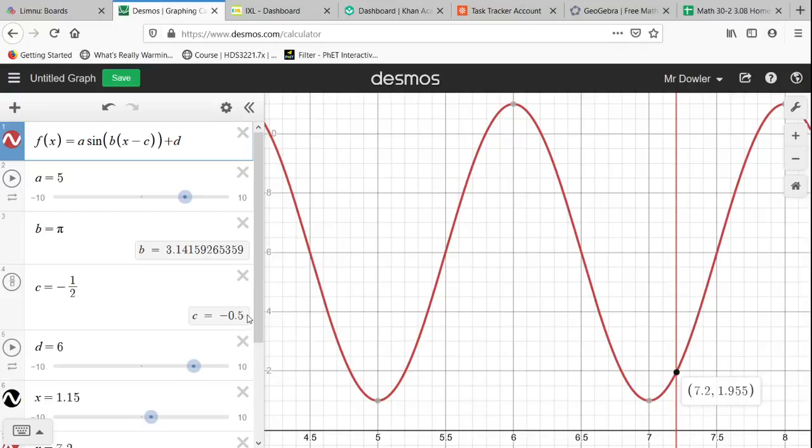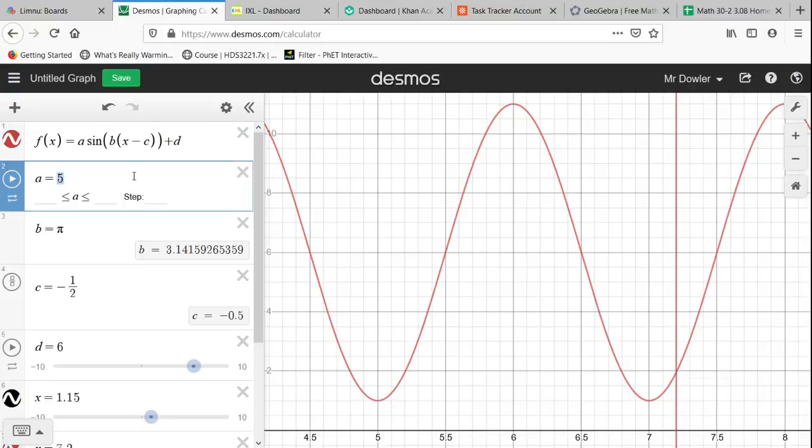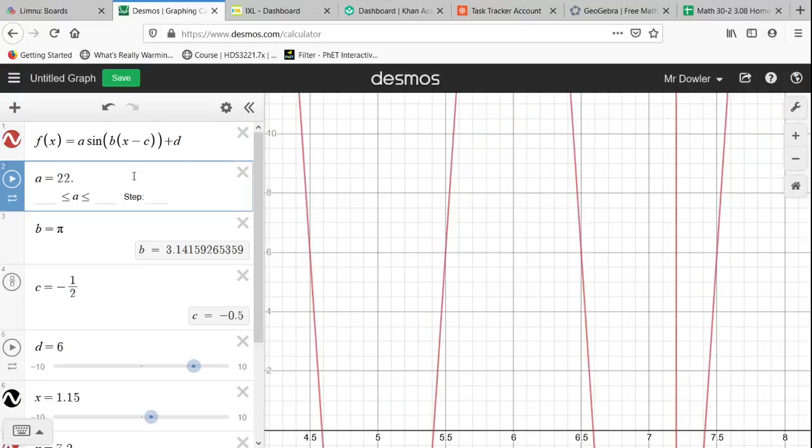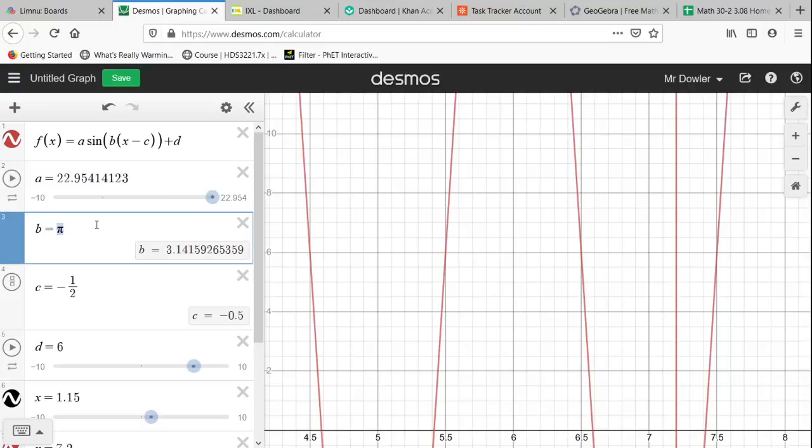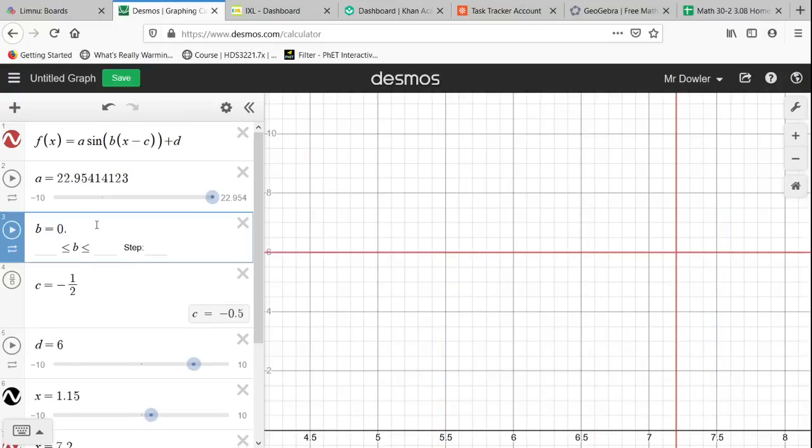And we are going to start by entering in what we got for our sinusoidal function here. So when we do that calculation, we got that A is 22.954144123.